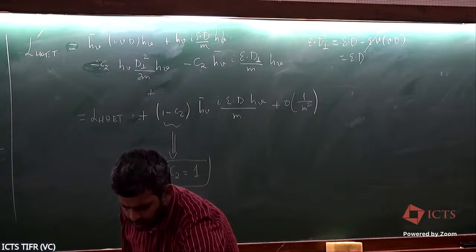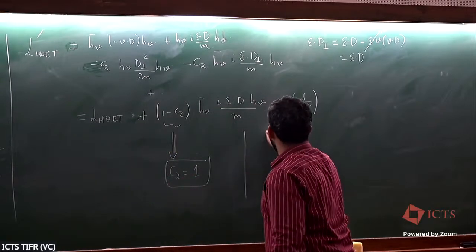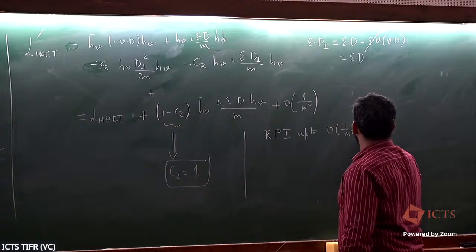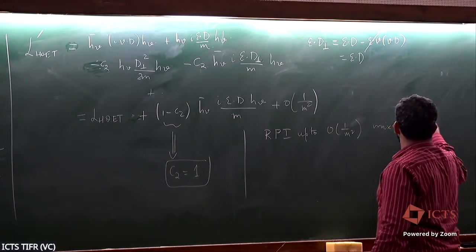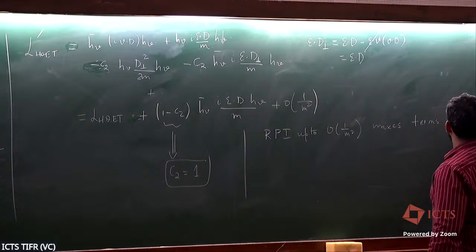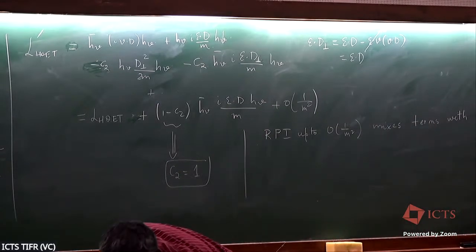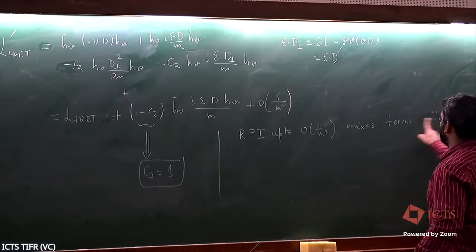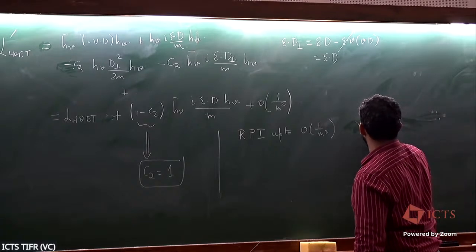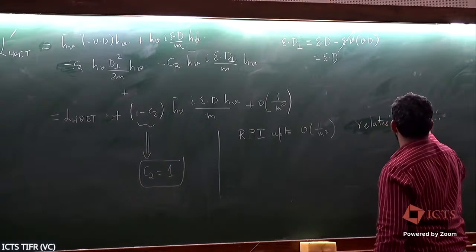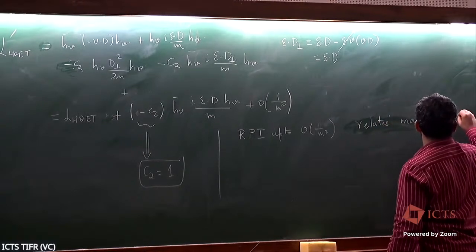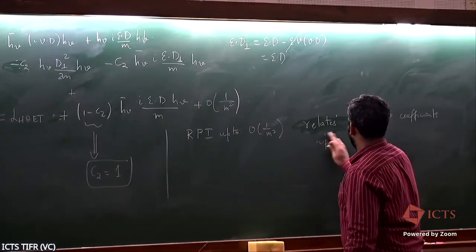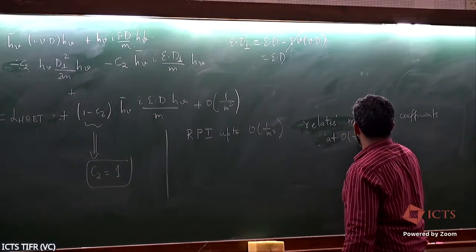One such condition that comes up is that RPI up to order 1 by m squared relates matching coefficients at order 1 by m and 1 by m squared.